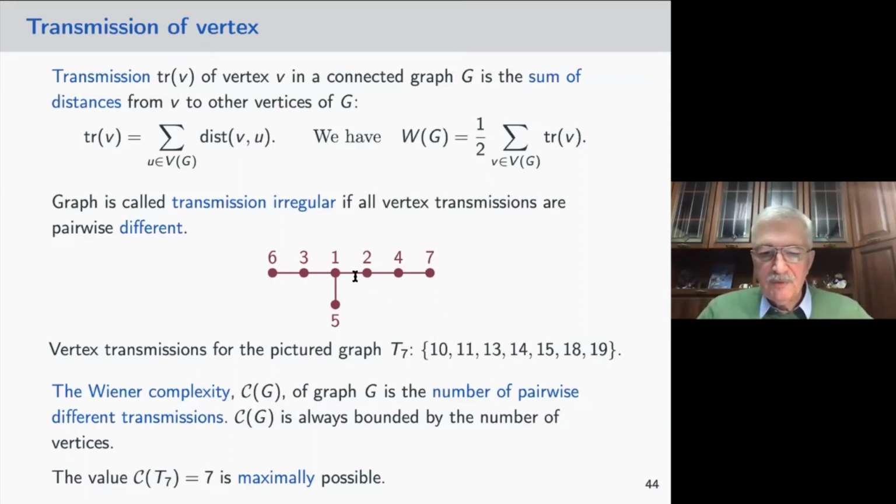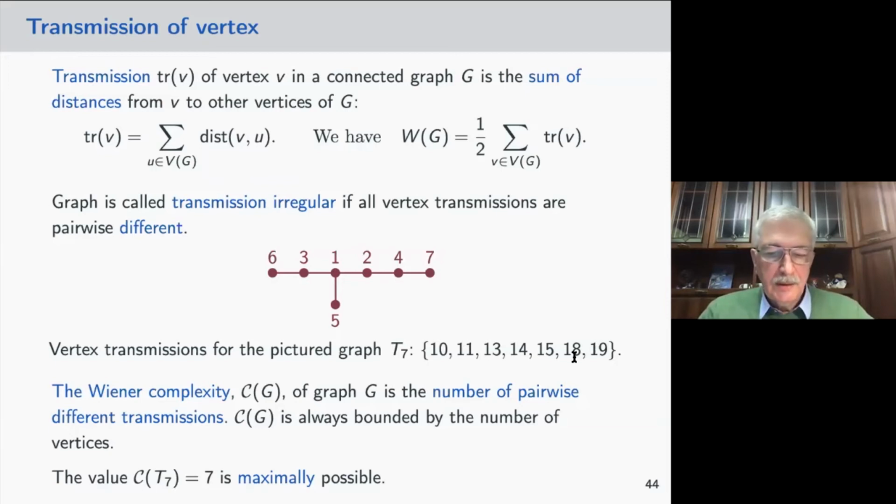For example, for vertex number 1, the transmission is equal to 10. It's on distance 1 from vertex number 3, on distance 4 from another, and so on. You just calculate distances to the other vertices. For vertex 1 you get 10, for vertex number 2 you get 11, and so on. So you get different transmissions for all these vertices.